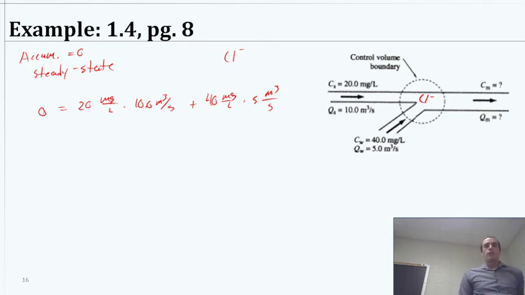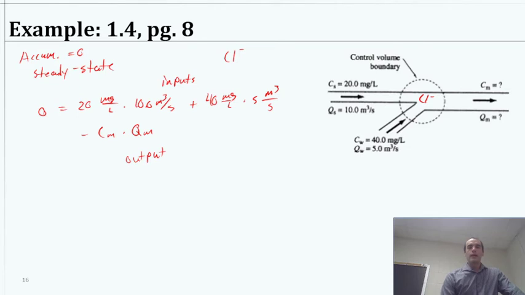The combination of those two, those are our inputs, is going to be equal to the outputs. So when we write it as 0 equals this, it'll be input plus input minus output, and the output is going to be the Cm times Qm, the flow rate of the mixture times that concentration. Of course, it doesn't matter if you write it QC or CQ. I happen to write it CQ this time, and this is the output.